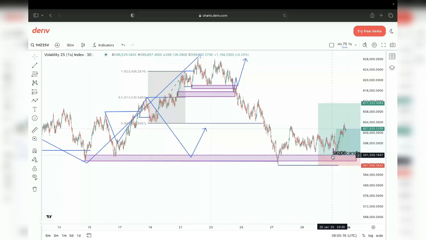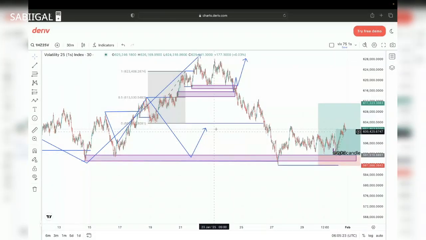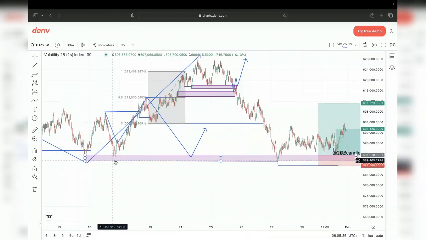Now, the remaining $100 will be divided among the remaining points of interest we are looking out for. I told you that another point of interest is the low that got swept. Very important. That's where you divide the remaining risk among the points of interest you want to enter with.